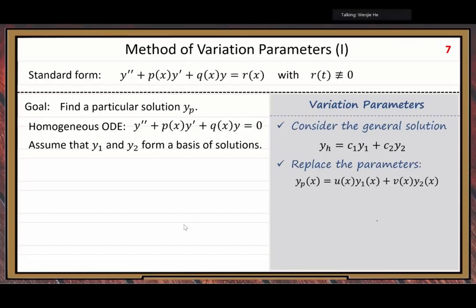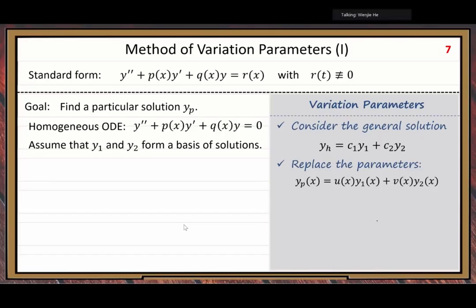There is a big jump from this step to this step: change from constant to function. Then you have more freedom to make the change. Constant is too restrictive. Now suddenly you have a lot of freedom to manipulate your formulas. That's the reason you go from that step to this step.